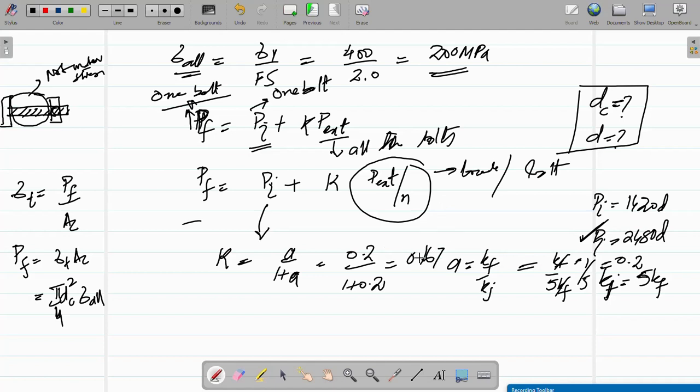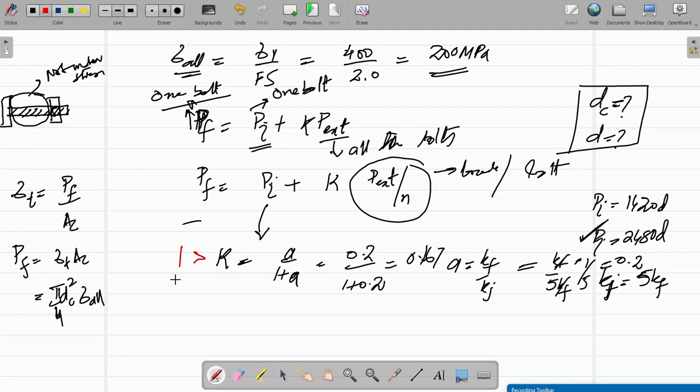Another check for this value: K will always be less than 1. Always remember this.